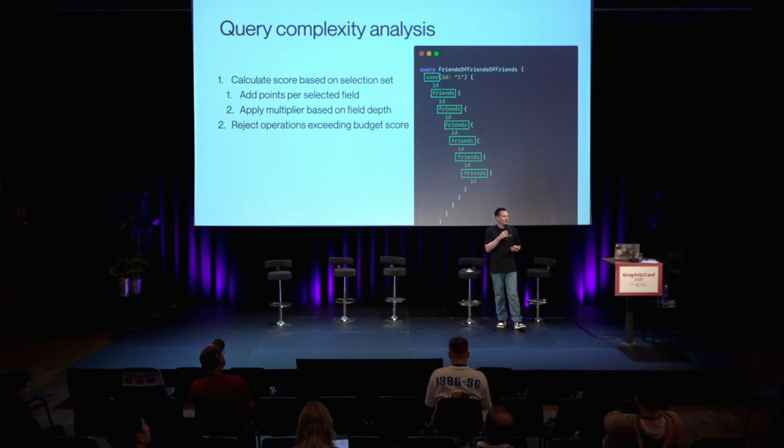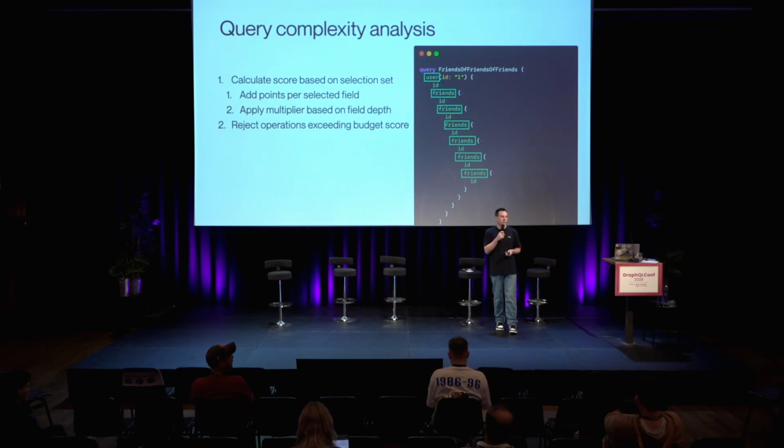Then something that builds on top of that is query complexity analysis. It's basically a hybrid approach of both. We traverse the document, and based on the fields that are selected and the depth, we calculate a score for the GraphQL operation.